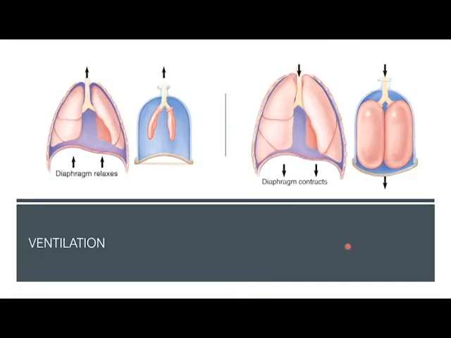In a way. Ventilation. So as the diaphragm contracts over here, it moves down, right? That moves down, intercostals activate, and it causes a negative pressure within our thoracic cavity, which is our thoracic cage, ribs, diaphragm.